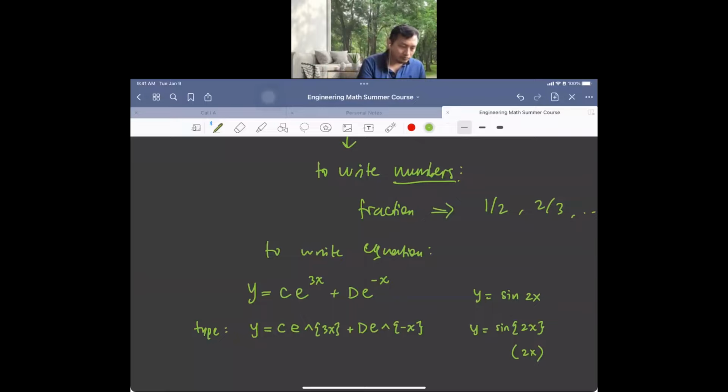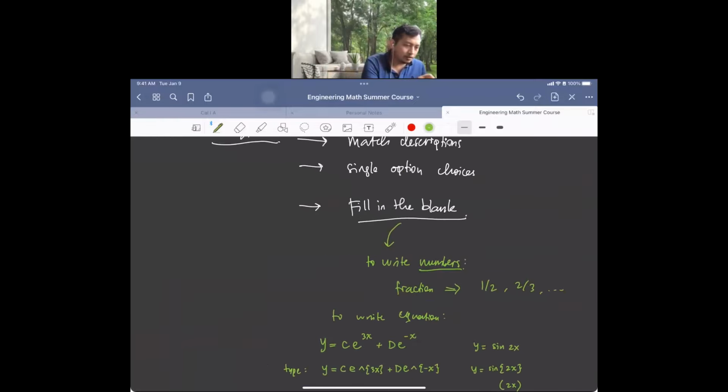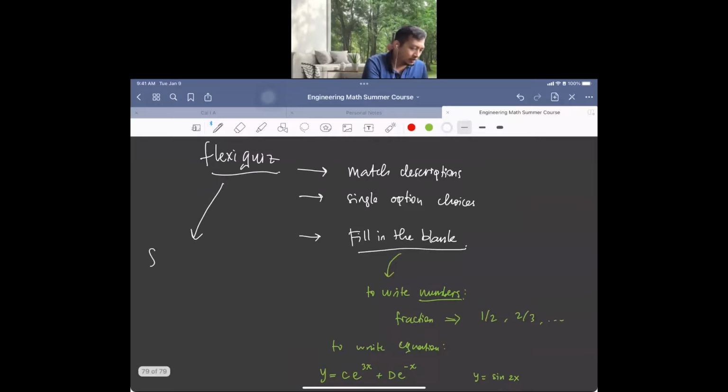Okay, so you still need to also send your PDF paper. After you go through all the calculations, please scan your calculations and send them to a specific folder in Google Drive. I will give it later on.